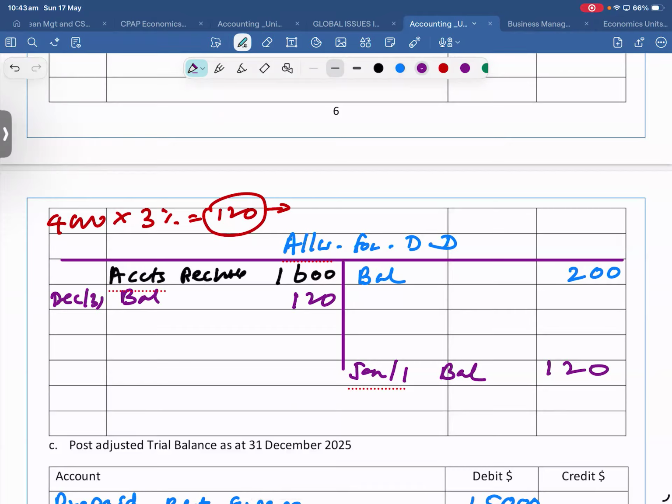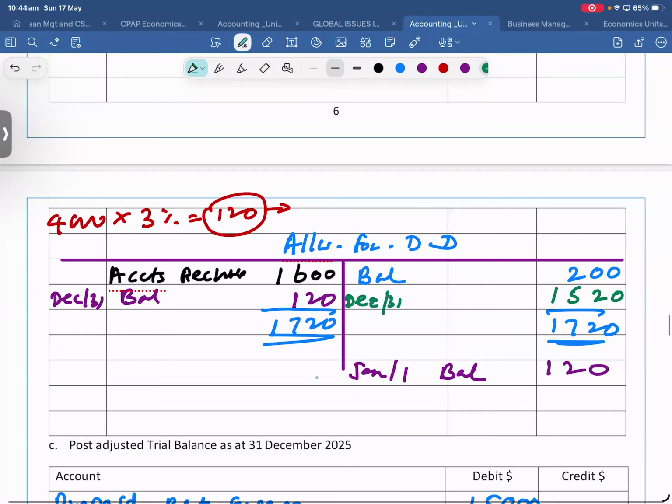Okay, now it's a matter of balancing, guys. 1720, 1720, and then you get the difference 1520. What do you do with this 1520? On December 31st, what do you do? So you are crediting here, debit to where?